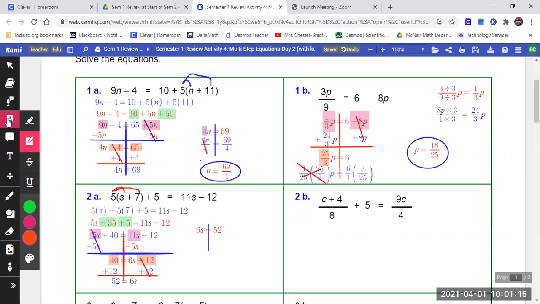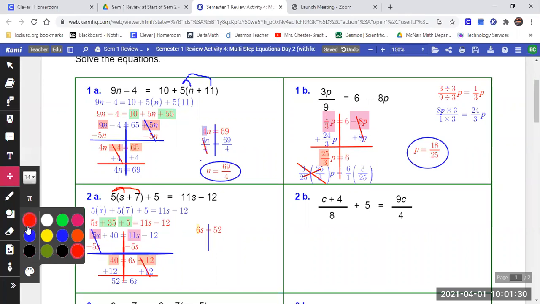Yes, so now I'm in a big one. I need to get that number away from the letter. And that number happens to be this 6 right here. Got to get it away from the letter. It currently says multiply when it says 6s like that.